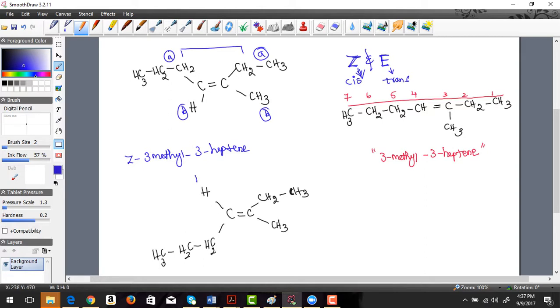This is B, this is A, this is B, this is A. If you notice, A and A are opposite, so it's the same 3-methyl-3-heptene. Again, getting the name right is very, very important. Because like groups are on the opposite side, it's E-3-methyl-3-heptene.